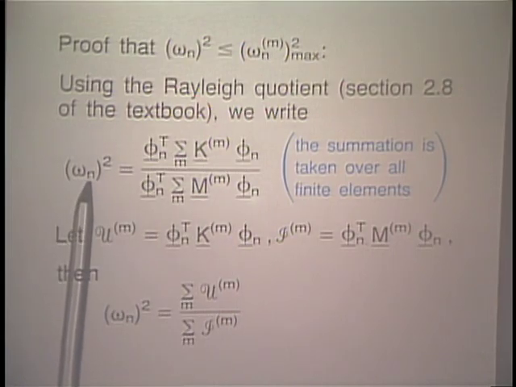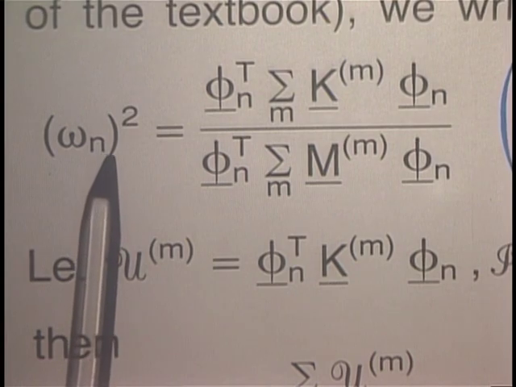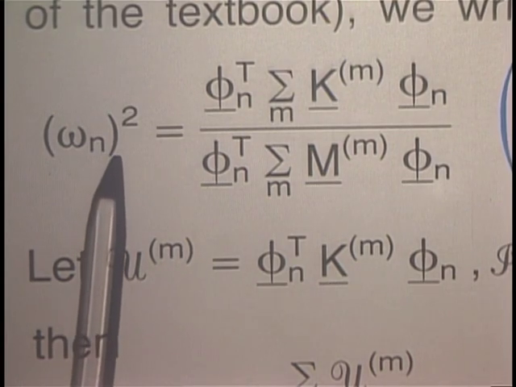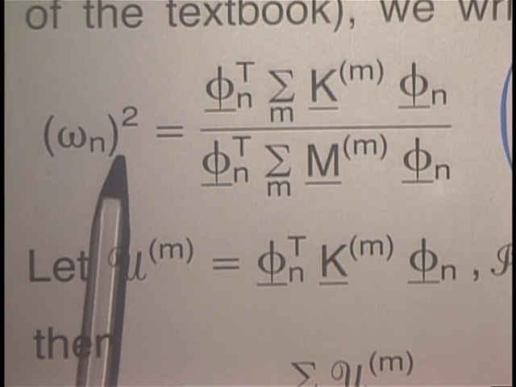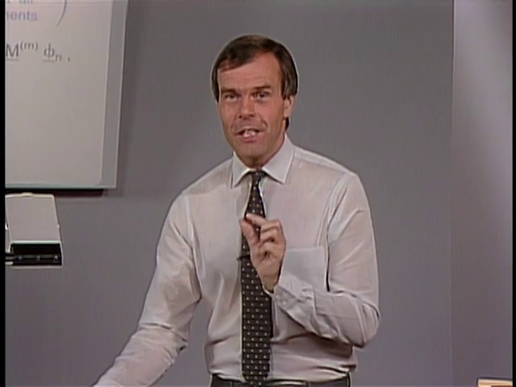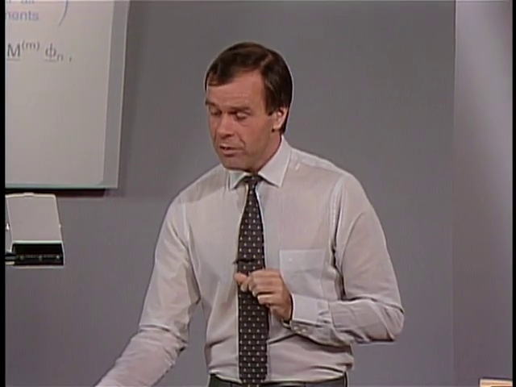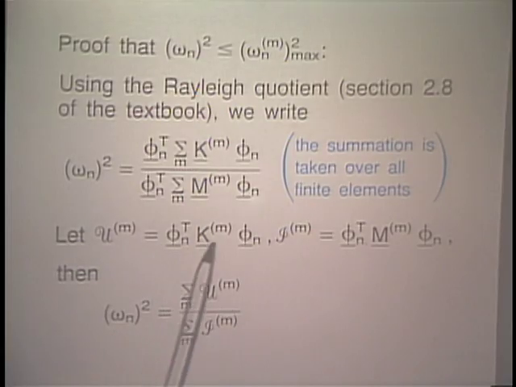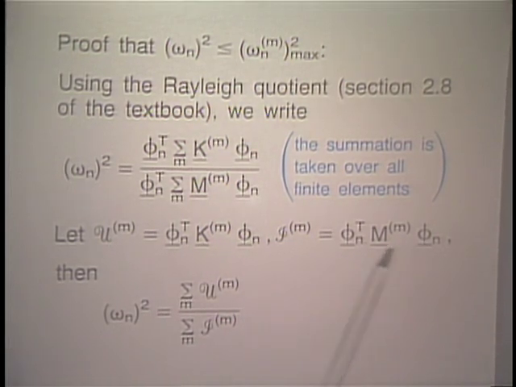Omega n, of course, being the largest frequency of the complete finite element mesh. Omega n is equal to 2 pi divided by Tn. And Tn was the smallest period in the mesh that we are interested in knowing. Let us define this relationship here. Just a definition. And this relationship here.